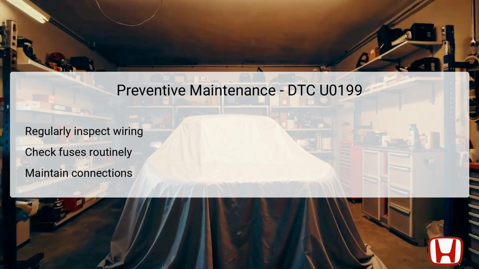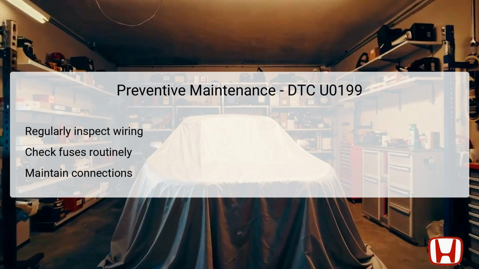Preventive maintenance can significantly lower the risk of experiencing DTC U0199. It should incorporate regular inspections of wiring connections, particularly in areas subject to physical strain or exposure to environmental factors. Routine checks on fuses, especially the critical ones tied to systems like power windows, are essential for maintaining functionality.